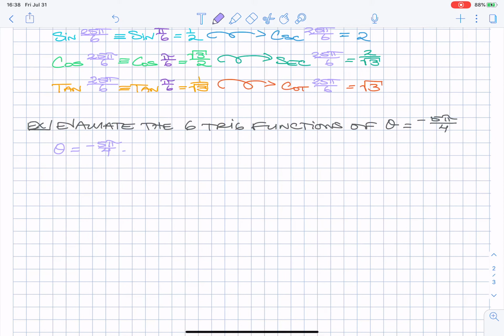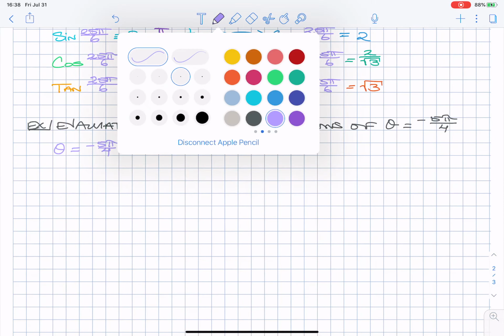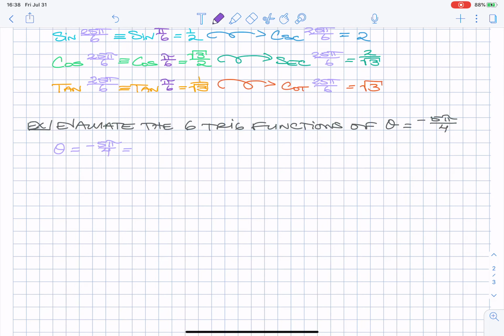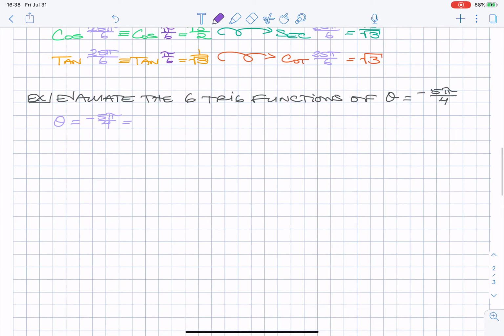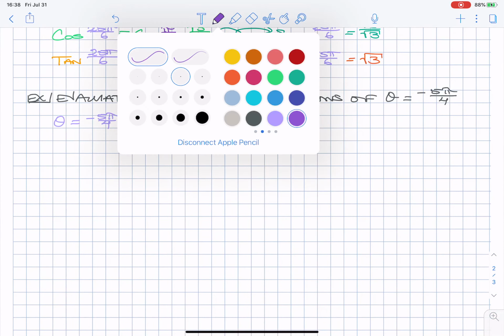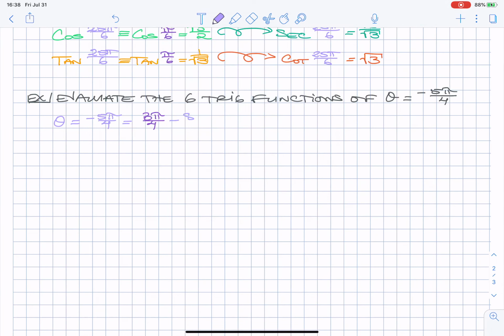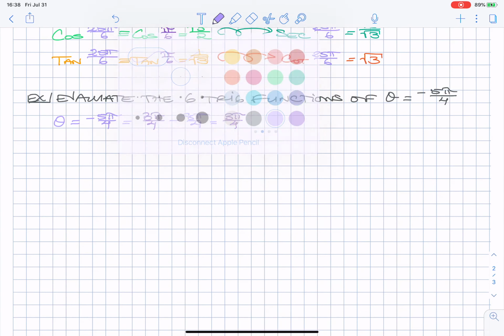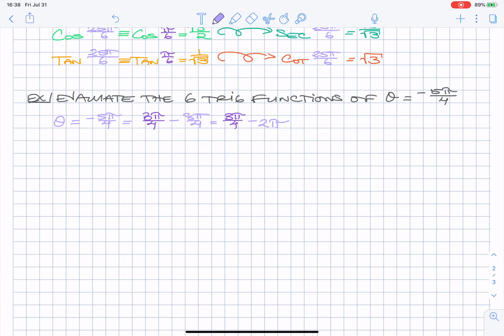Okay. So I claim that that's going to be, well, if I subtracted 8 pi, let's see, 3 pi over 4 minus 8 pi over 4. So this is really 3 pi over 4, which is in quadrant 2, minus a full revolution, 2 pi.